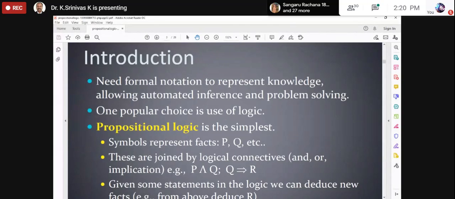That means what? He did not understand the problem properly. He did not go to the depth of the problem. Similarly, whenever there is a problem, when you are representing knowledge, you need to understand the depth of the problem solving.